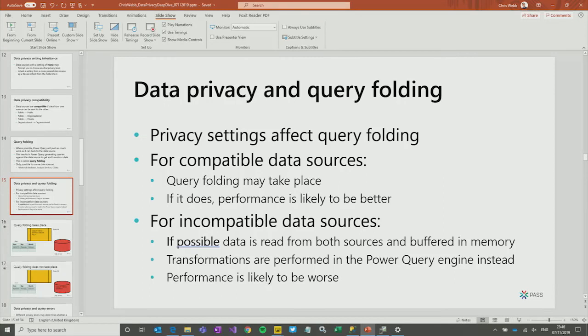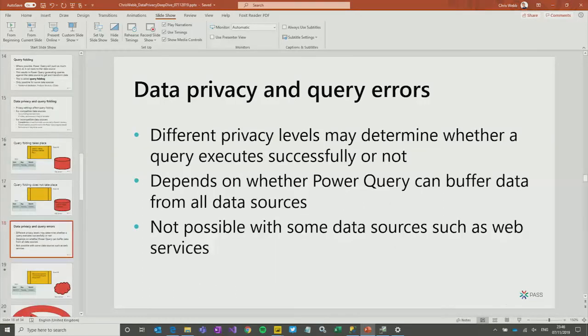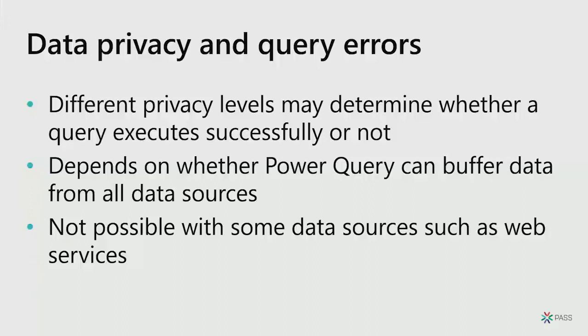There's another possible thing that can happen when we've got incompatible data sources. You might find that the query you want to run can't run at all. It all comes down to whether you can buffer all of the data from the different data sources inside the Power Query engine. Let's say that instead of getting the data from Excel and passing it to SQL Server, we want to get that same data from Excel and pass it to a web service.